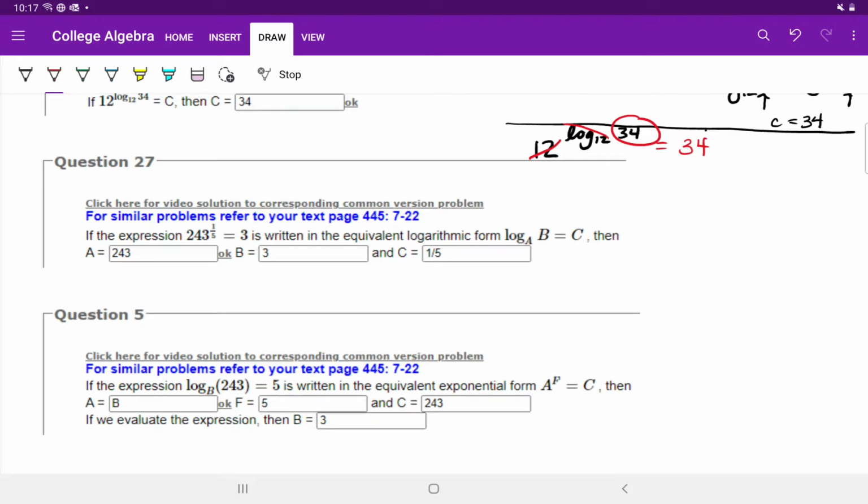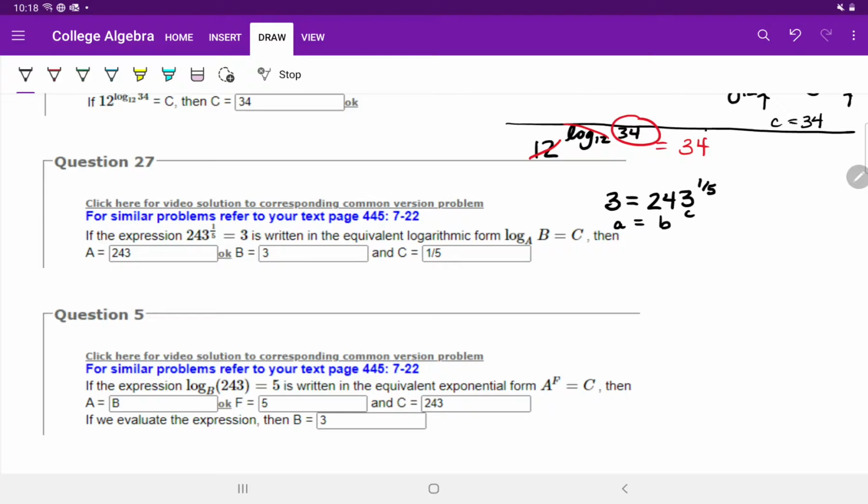Question 27 is asking us simply to convert something from an exponential form into a logarithmic form. So our exponential form is 3 equals 243 to the 1/5 power. So this is our a equals b to the c.